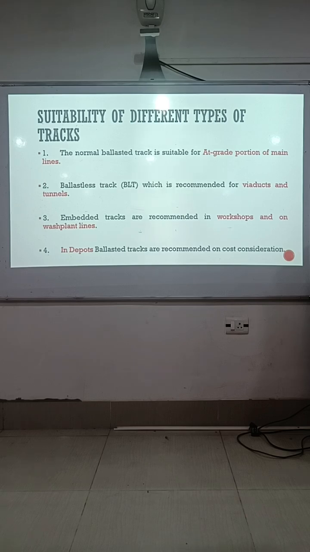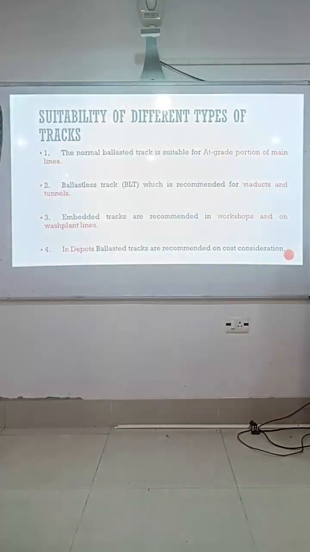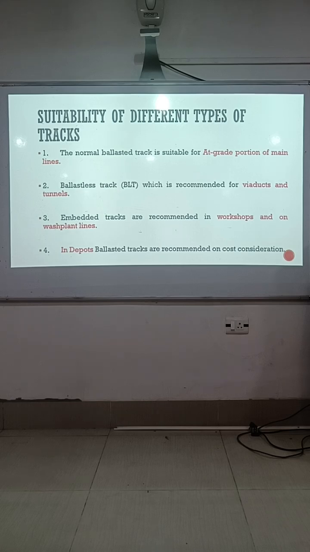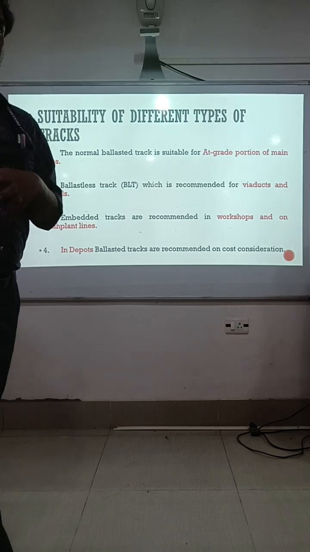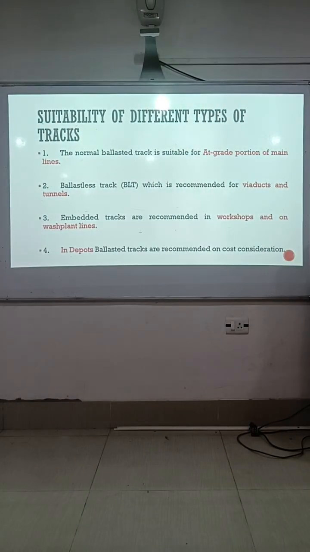In that case, as the passenger element is not there, the advantages and disadvantages of embedded tracks are not very significant. Embedded tracks are provided when the coaches are taken to the repair section or wash plants for repair and washing. So the advantages and disadvantages are not very significant.